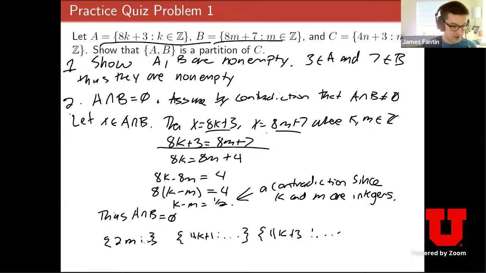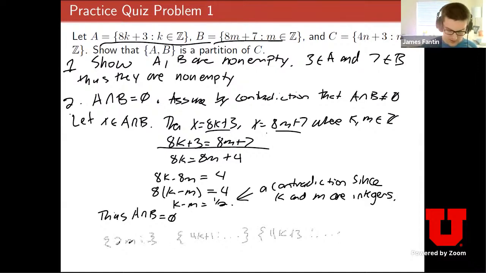Then an argument from the division theorem works, where you can show that each element only ends up in one set, where you break up your cases based on the division theorem. And then you could show that these are all disjoint because the division theorem gives you a unique representation.